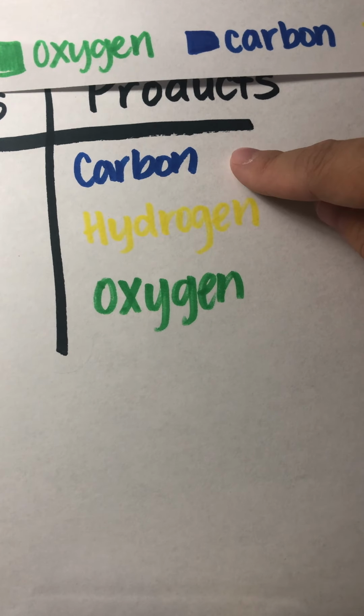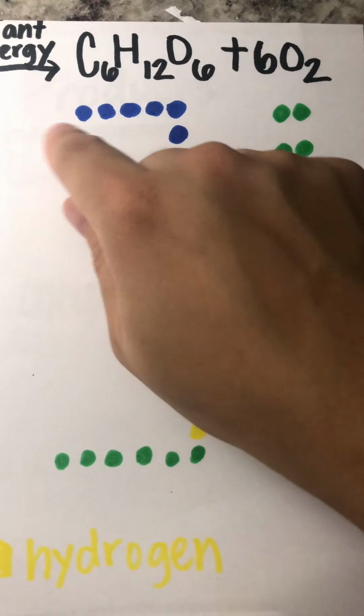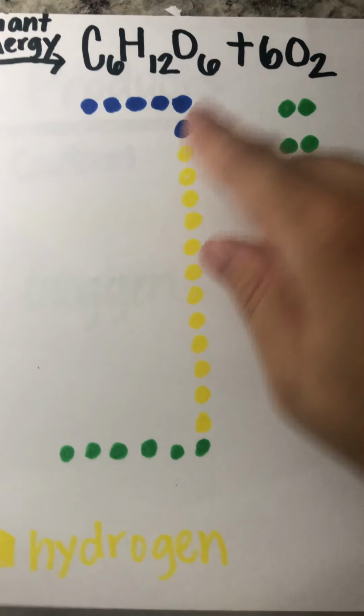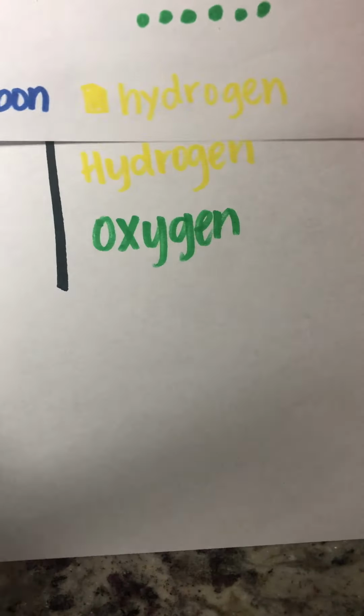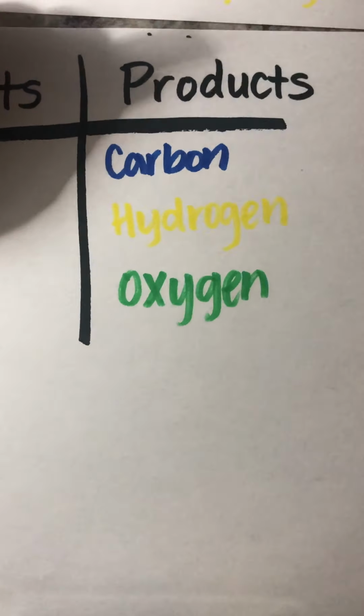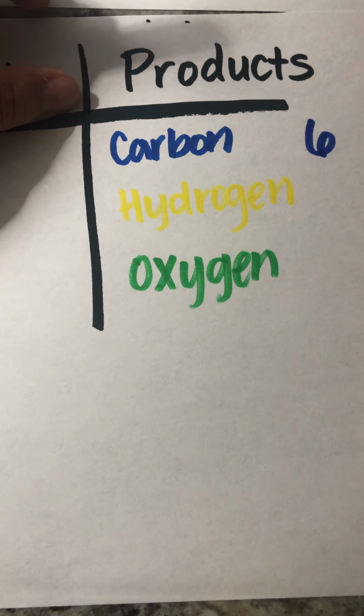So we need to see how many blues were on the right-hand side of this arrow. So let's look. 1, 2, 3, 4, 5, 6. We had 6 blues. So we had 6 carbons on the right-hand side. Let's write that down.